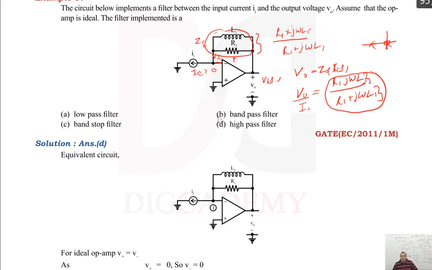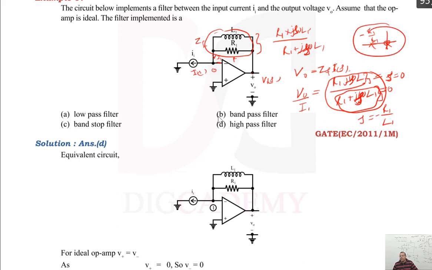So you can take the S domain, where instead of j omega it will be S. So there is one pole on the negative real axis, because when you put the denominator equal to 0, S will be minus R1 by L1. When you put the numerator equal to 0, S will be 0. So there is one zero at origin and one pole on the negative real axis at minus R1 by L1, right?